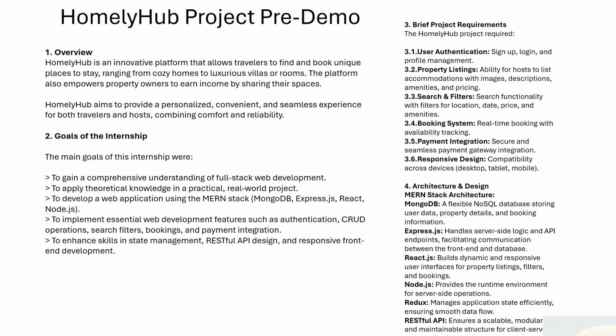And we also have the architecture design. In this project we used MongoDB and Express.js to handle the server-side logic and API endpoints. We have React.js, which is used to build dynamic and responsive user interfaces for property listing, filters, and booking.